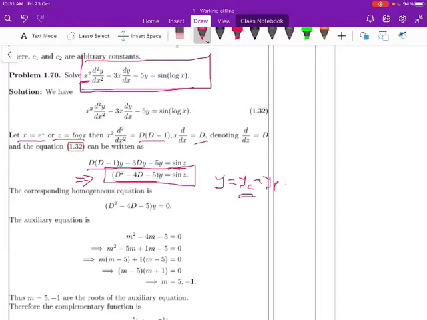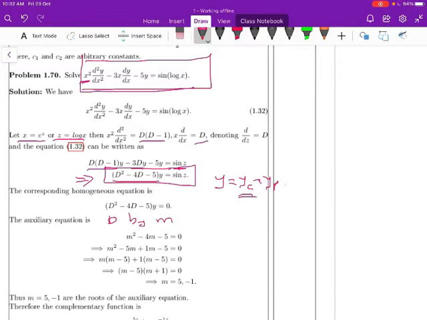Homogeneous equation is LHS and equating 0. So that is d square minus 4d minus 5 into y is equal to 0. Let us find out the roots of this equation. So for that you write auxiliary equation, just replace d by m. So we will get m square minus 4m minus 5 is equal to 0.